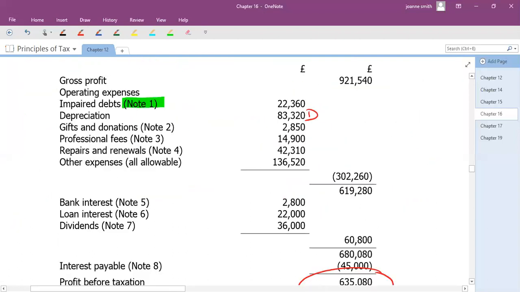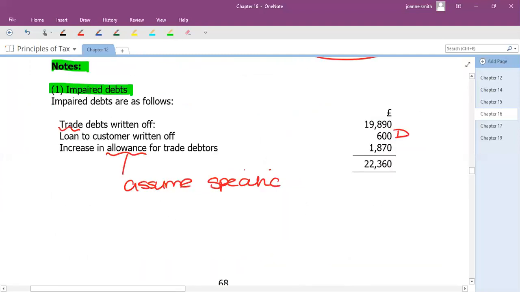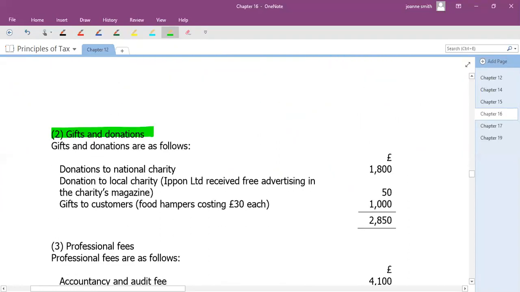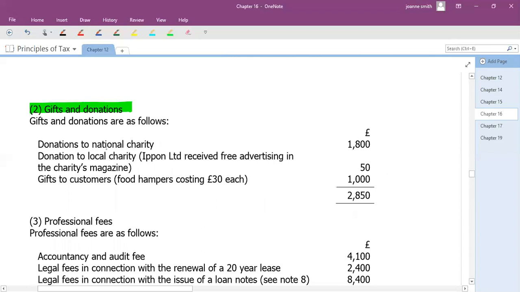Carrying on down, gifts and donations. These relate to note number 2. So let's go down to the second note. Second note we've got here. So donations to a national charity, disallow. Local charity is fine. I mean, it actually says they get some free advertising, but if they see the word local, accept it.